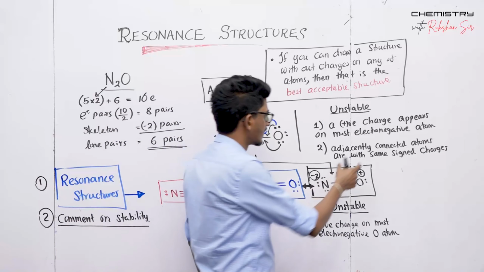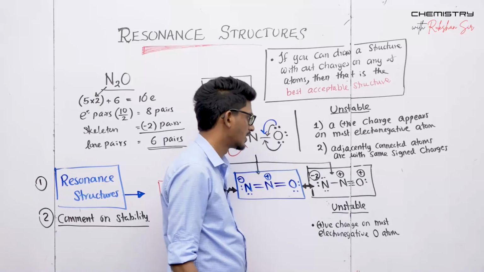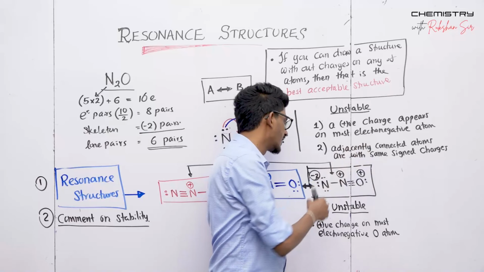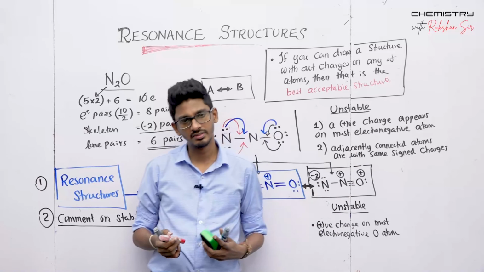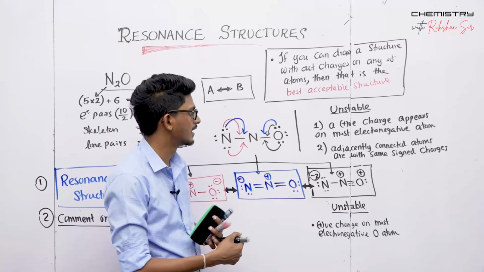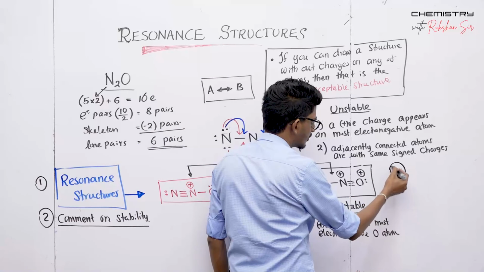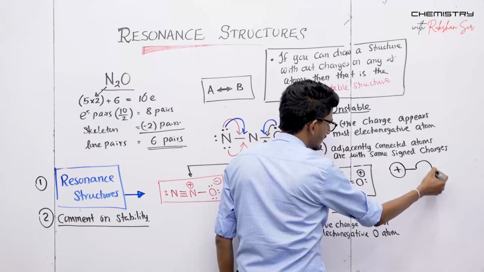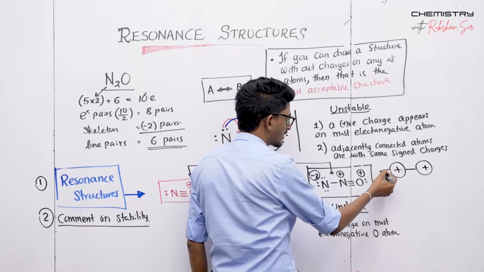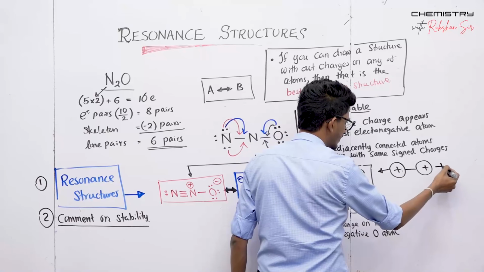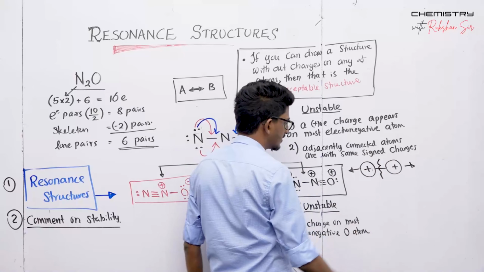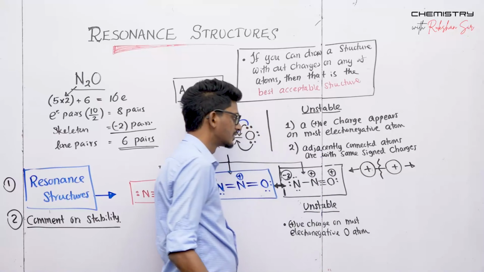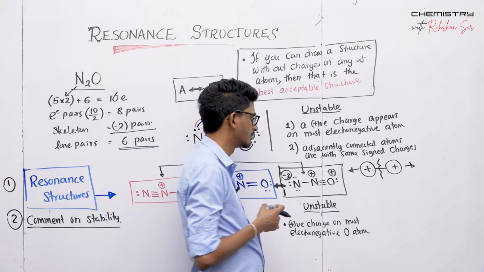What is happening when this thing happens? When adjacently connected atoms have same sign charges, repulsions will occur. If the two atoms have same sign charges, what will happen? The repulsions will occur. Ultimately, it will break the bond and change the structure. Unstable. The structure will change in no time.